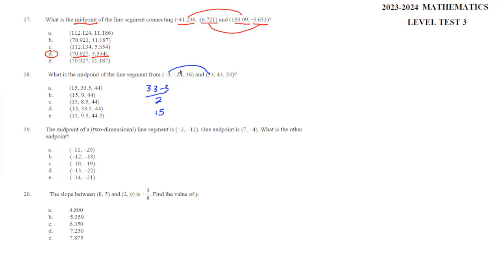And then these two right here, negative 24 plus 43 over 2, so that's 19 divided by 2 is 9.5. And then 36 plus 53, that is 89 divided by 2 is 44.5. So it looks like that guy's the only one we got.